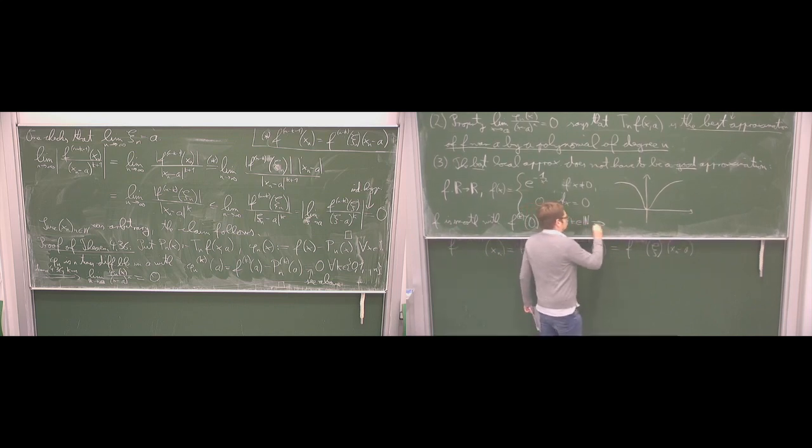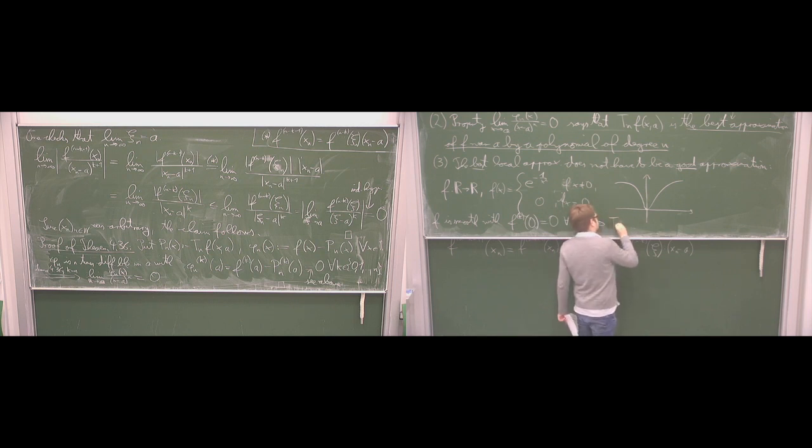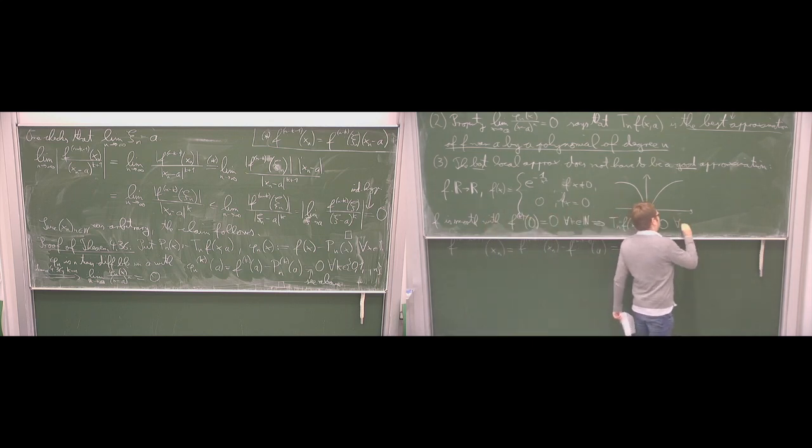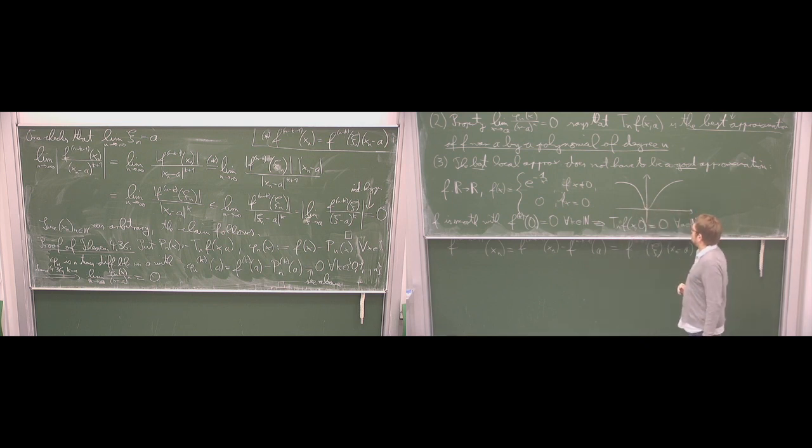But this, of course, means, just by definition of the Taylor polynomials, that the nth Taylor polynomial of f in 0 is always 0, because all the coefficients of the polynomial vanish, since they all involve these derivatives. So this is 0 for all n in N, and this means the local approximation is useless. This doesn't help us with anything.